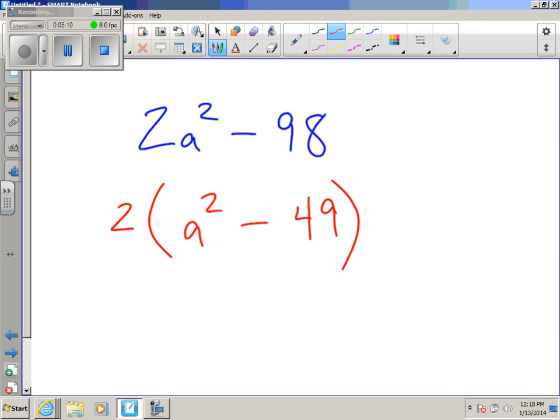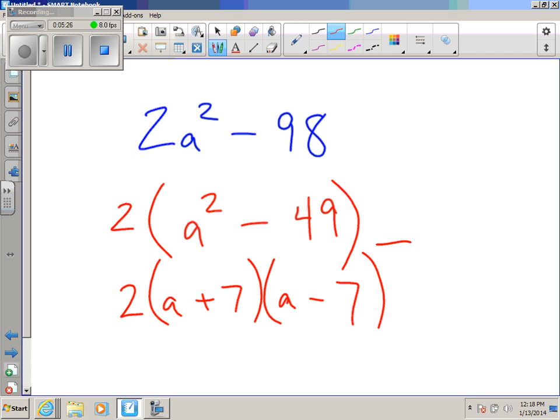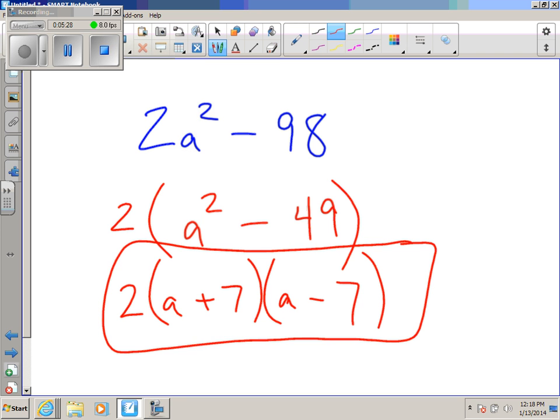From here, once we've found a GCF of 2, that will still go on the outside. Do I have difference of squares here now? A squared minus 49. We just did this one. So 2 times a plus 7, a minus 7. So Mark, when we talked on Friday, you said, what difference does it make if I pull out the right GCF?